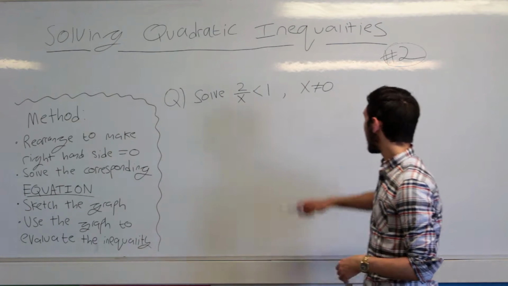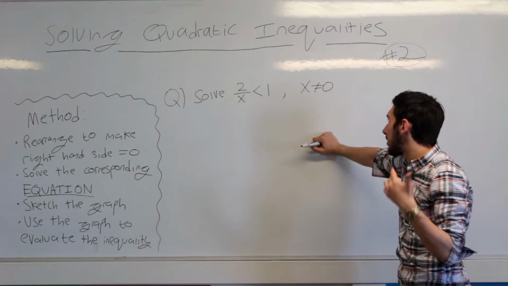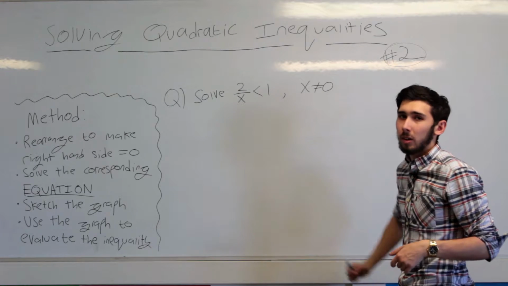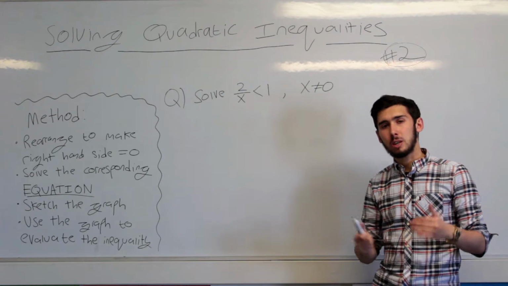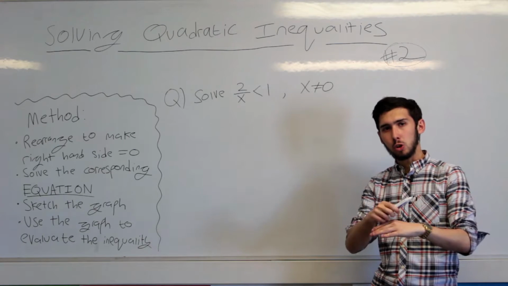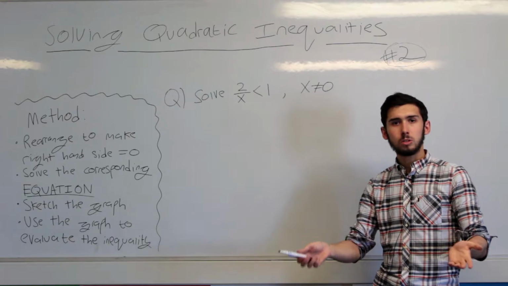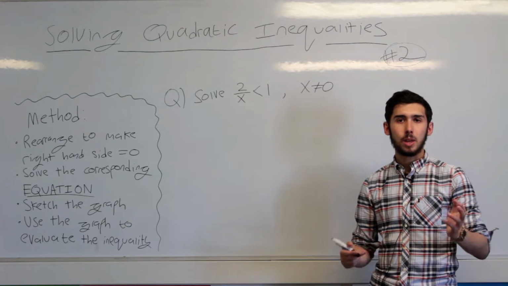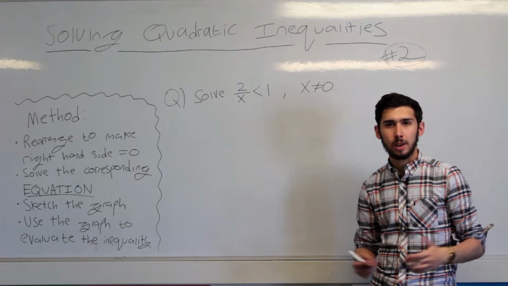If you see something like x does not equal 0, x does not equal 1 or something like that, it's normally because if you were to put that number into the equation, it would give you a denominator of 0, and then the whole thing would be undefined, okay?